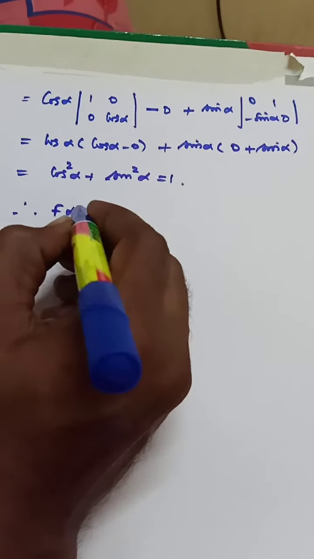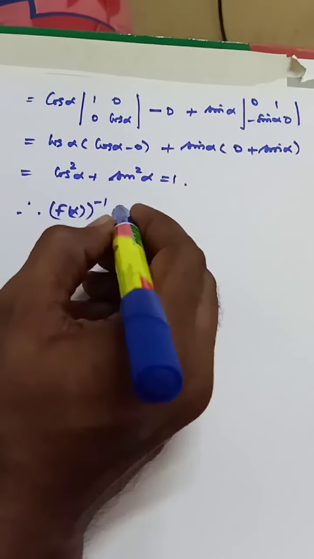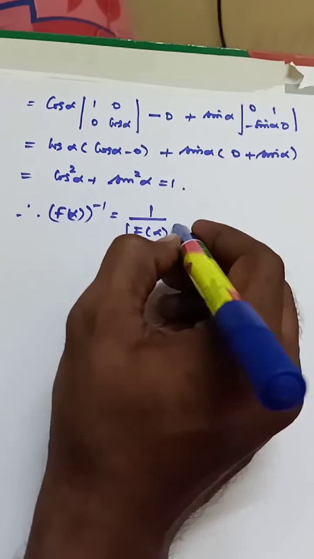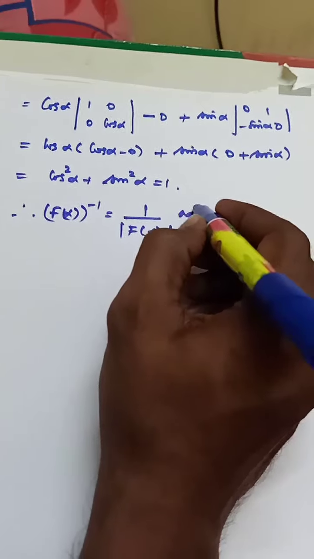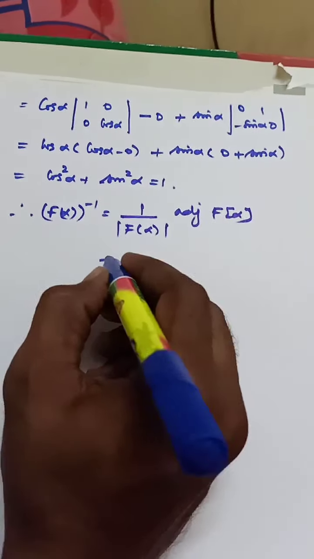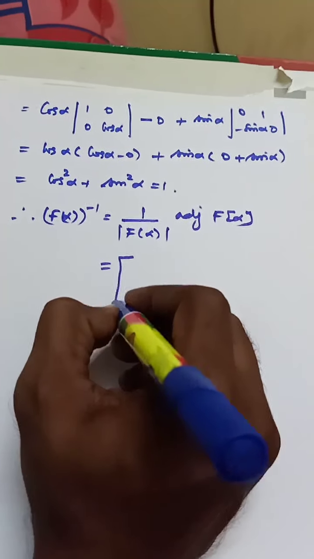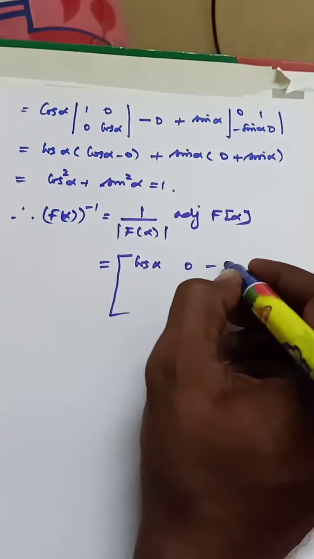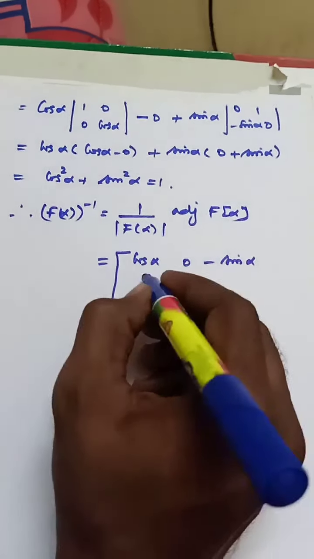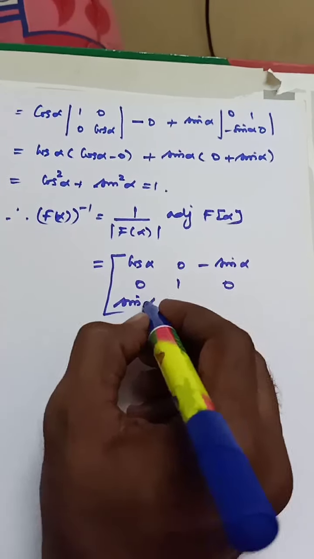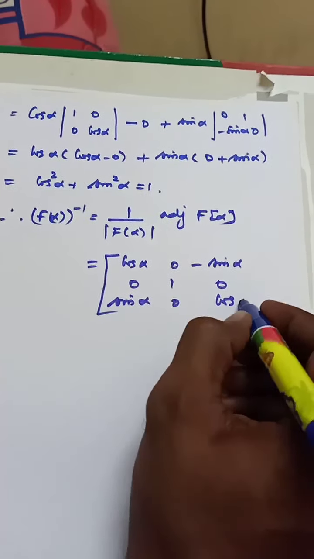Therefore your f of alpha inverse we can write, it is nothing but 1 by determinant of f of alpha into adjoint of f of alpha. So 1 by determinant becomes 1, adjoint of f of alpha is cos alpha 0 minus sin alpha, 0 1 0, sin alpha 0 cos alpha.